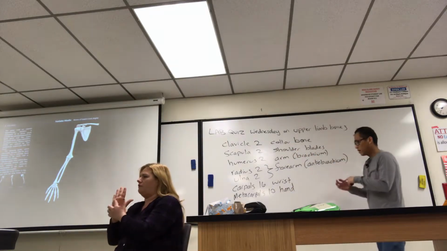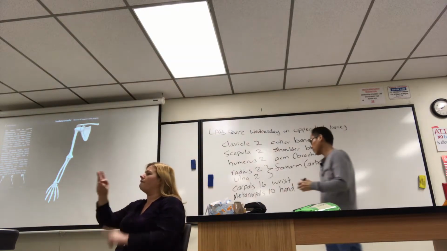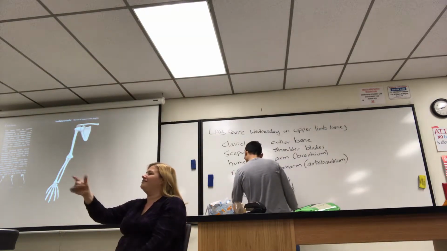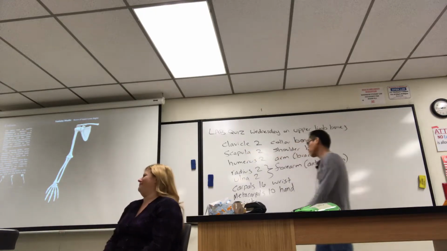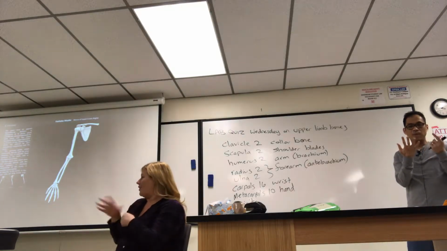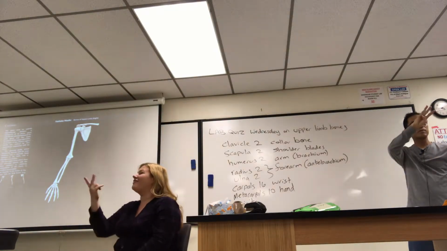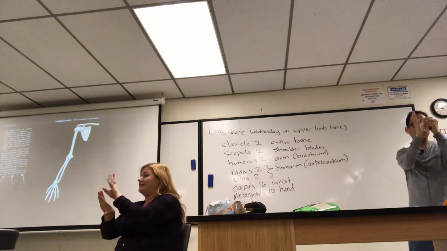And then for anatomy, the word for fingers is digits. And you have 3 small bones in these 4 fingers. So 3, 6, 9, 12, and then 2 in the thumb for 14.